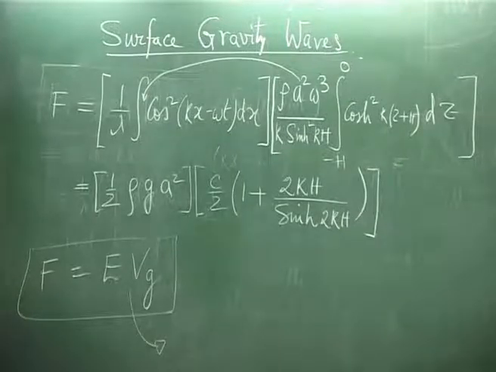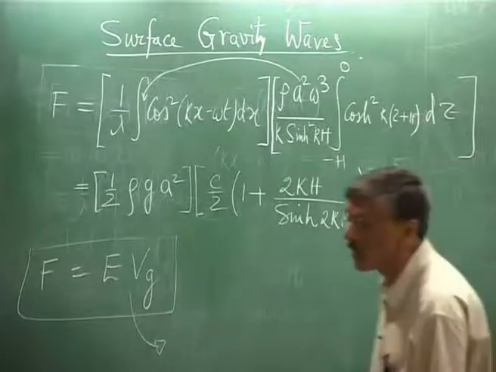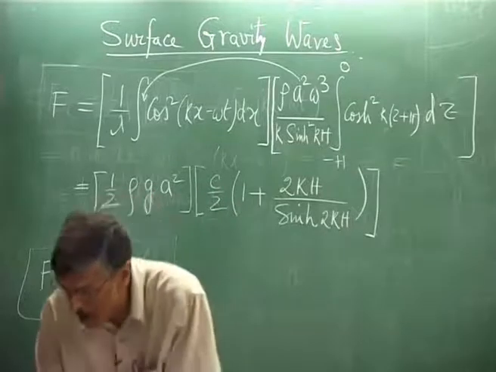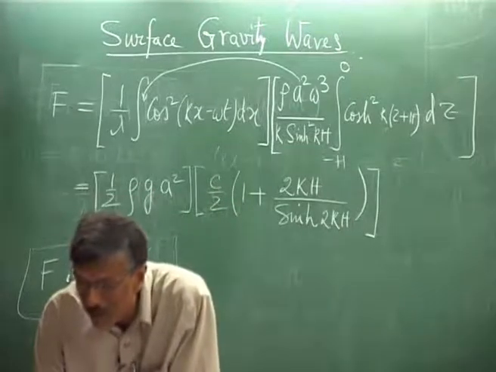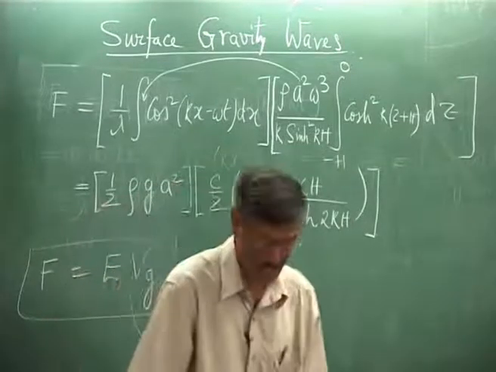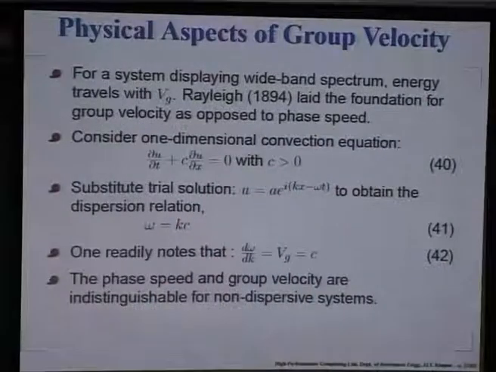In many of the physical systems we will be looking at, we must be careful about finding the speed at which the energy propagates, and if we are able to calculate that carefully, that is a very important concept.